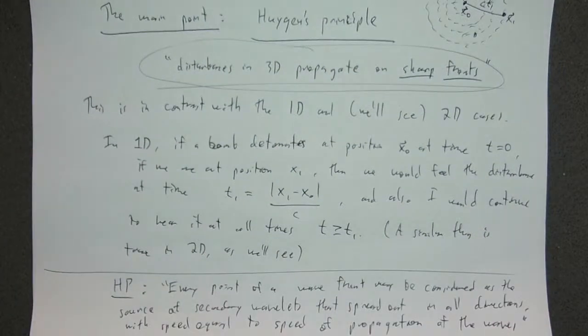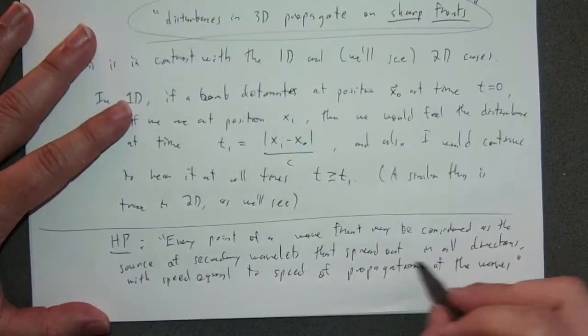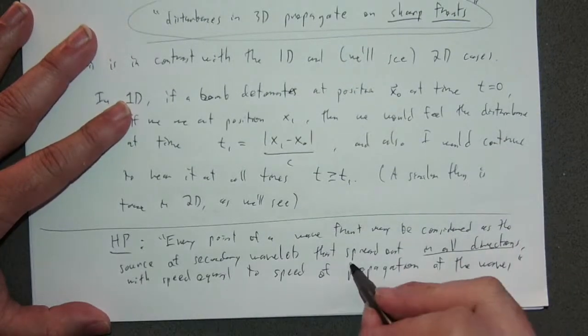Well, here's the question. Won't some of the new train of waves, these wavelets, from the advanced wavefront come back to us at some later time, since it says that this spreads out in all directions?